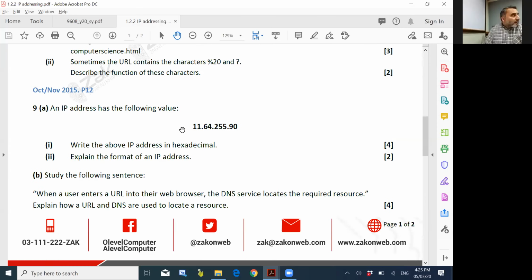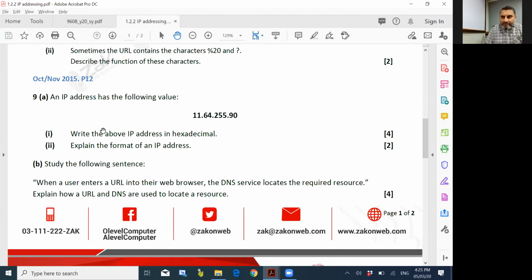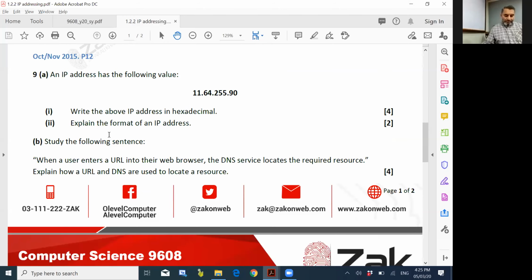Anyways, an IP address has the following value, 11.64.255.90. Write the above IP address in hexadecimal. Let me see.